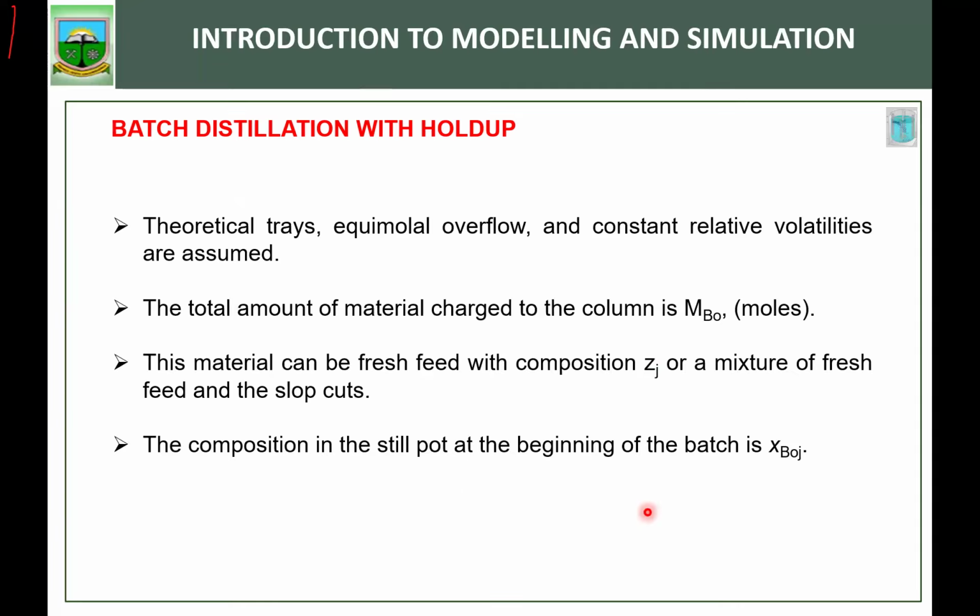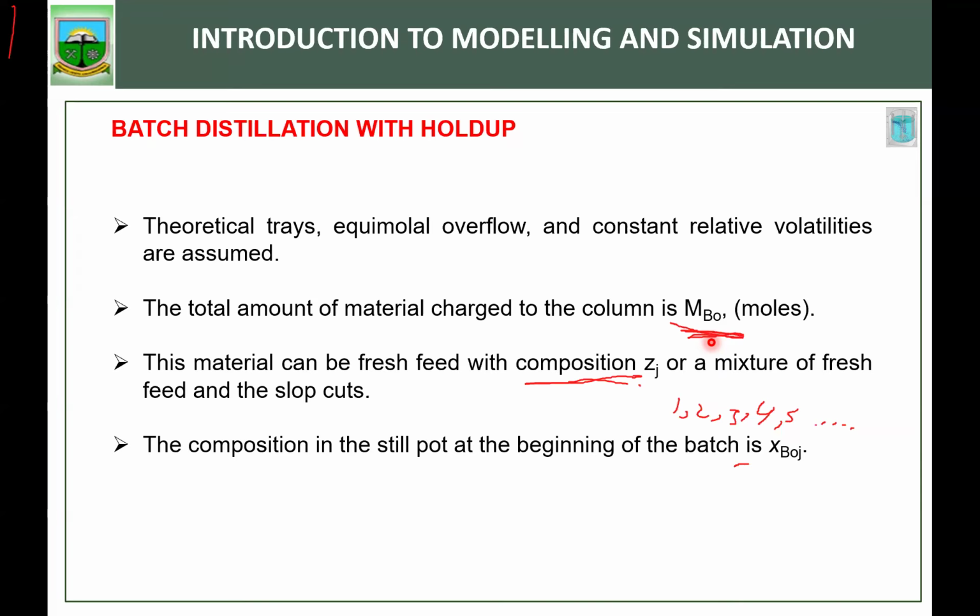This material, MBO here, has several components. It can have 1, 2, 3, 4, 5 components in it. And all of this will be in the reboiler at the beginning.